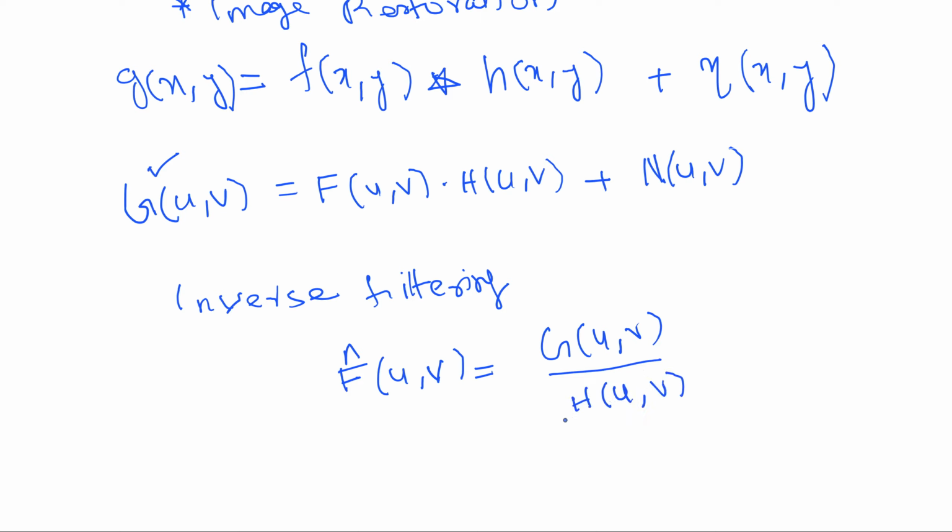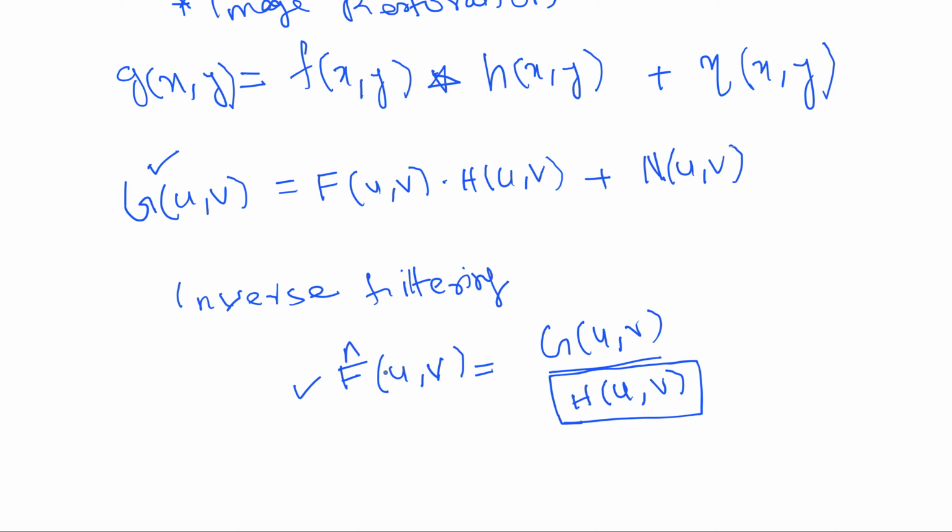If we have an idea about the degradation function h of uv, simply dividing the degraded image by it gives the estimated image or its Fourier transform.